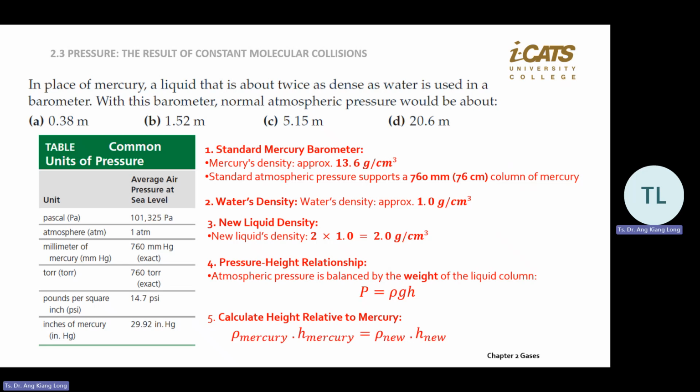So you need to balance left-hand side and right-hand side. How to come to this equation: left-hand side equal to rho GH, right-hand side. So left-hand side will be on the mercury, rho G, and this one will be on the new liquid, rho GH. So we can simplify the equation by removing the G. So that's why in the PowerPoint slide here, you will see rho mercury multiplied by H here.